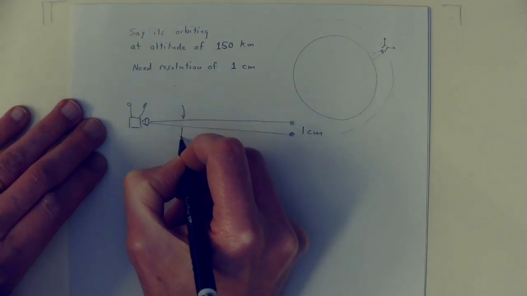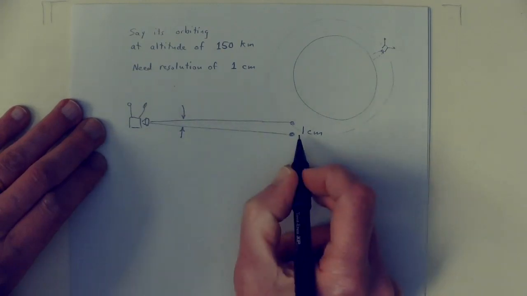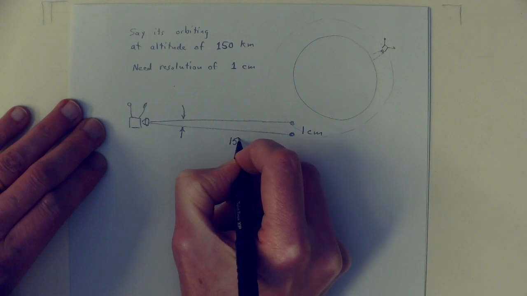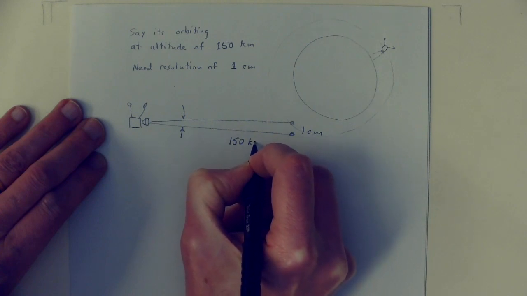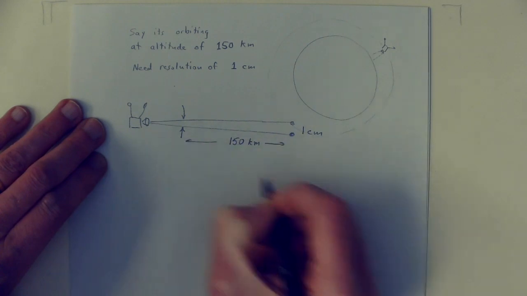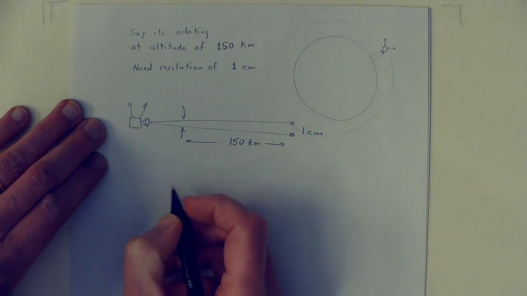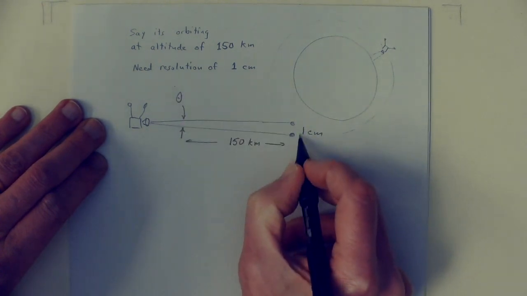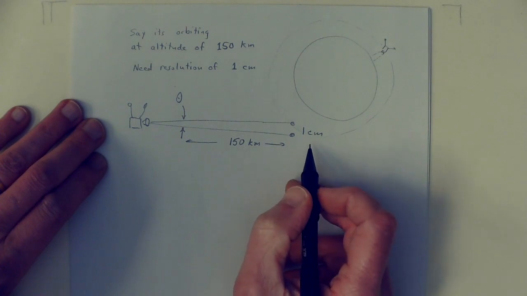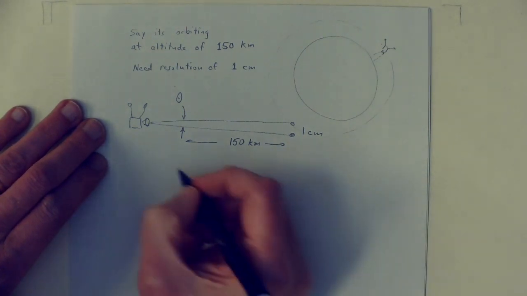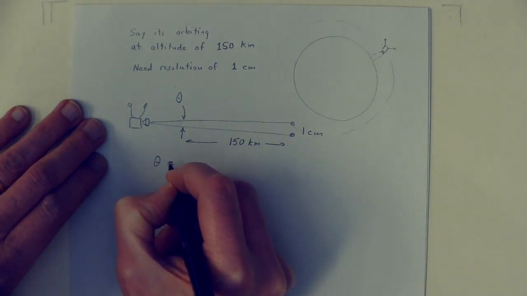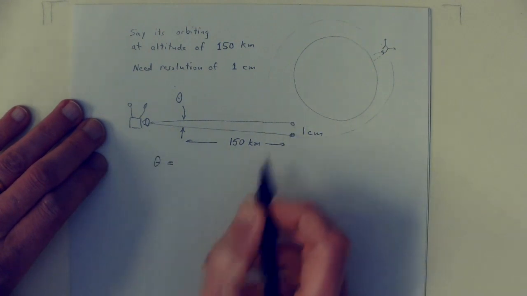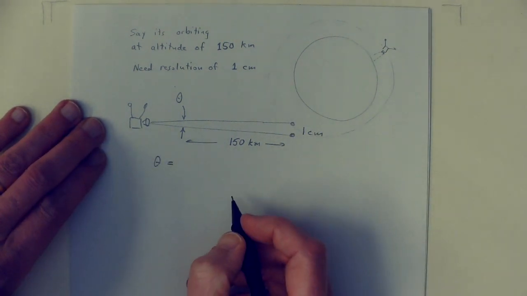And we're trying to figure out what angle that requires if it is, in fact, 150 kilometers away. So what angle is associated with two objects that are a centimeter apart and they're 150 kilometers away? It's the same thing. We're defining the angle by just this distance divided by the distance away that they are.